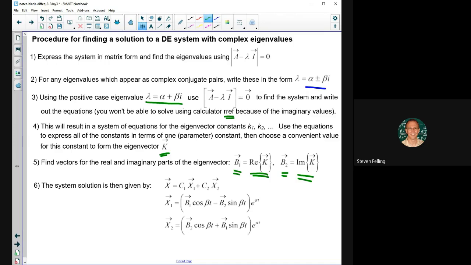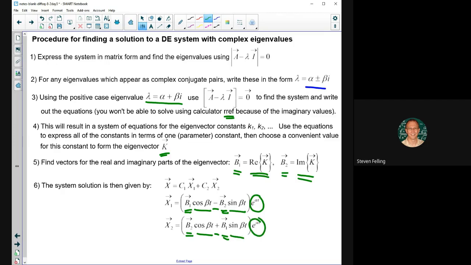X1 is the real vector B1 times cosine of beta t minus the imaginary vector B2 times sine of beta t, all times e to the alpha t if there's a real part in the eigenvalue. And for X2, it's the imaginary vector B2 times cosine plus the real vector B1 times sine, also times e to the alpha t.